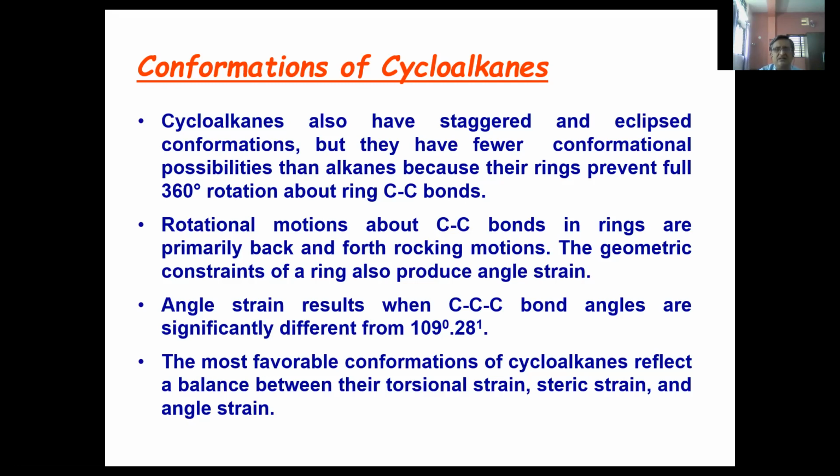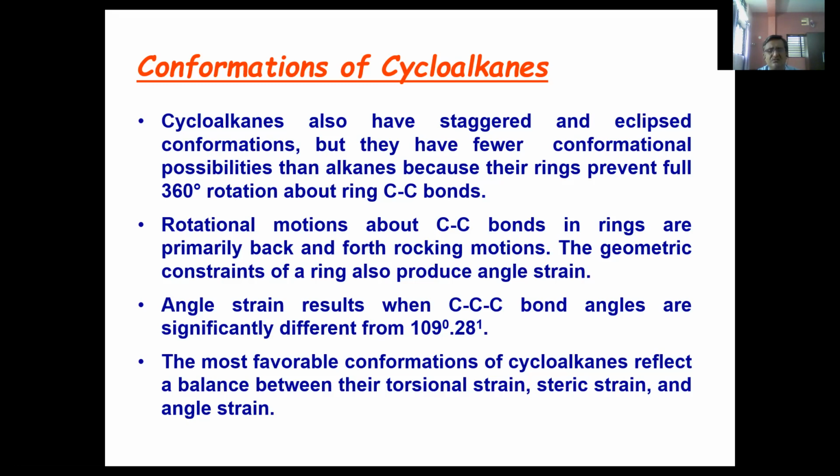Cycloalkanes also exist as different staggered and eclipsed conformations, but only a few conformations are possible compared to alkanes, because the ring prevents a full 360-degree rotation.